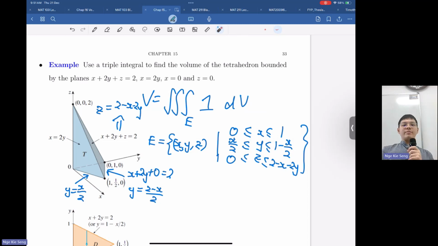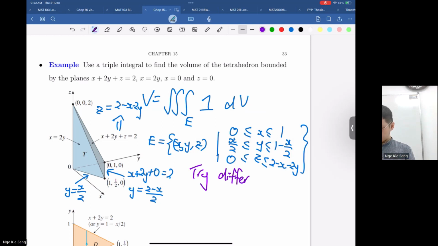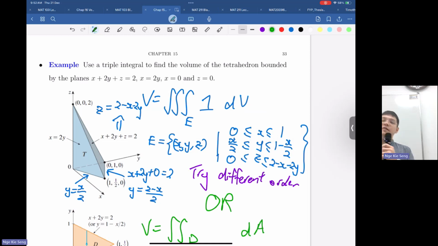But actually, this question can also be solved using a double integral. How to solve using a double integral? Which function do you want to integrate over? What's the function you can use here? 2 minus x minus 2y.